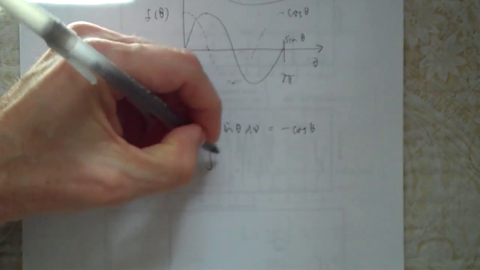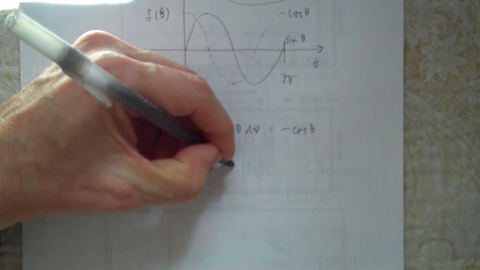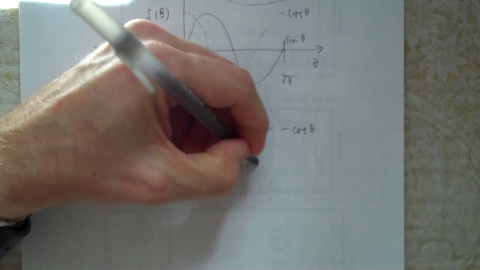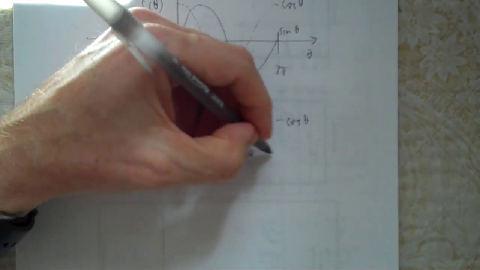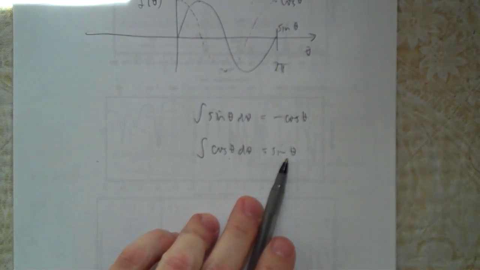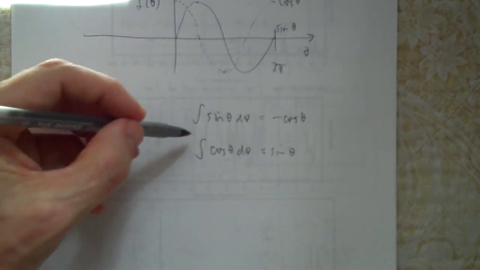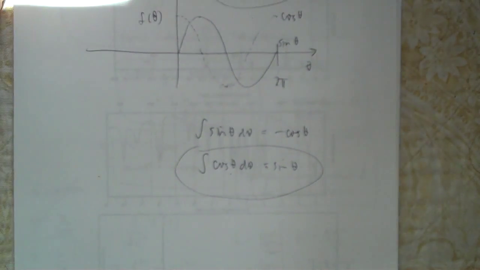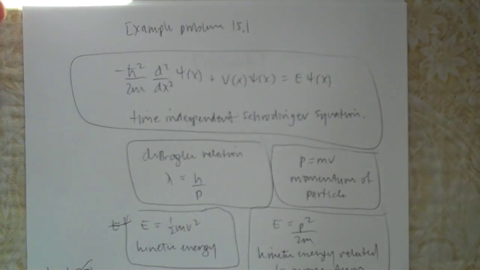The integral of cosine theta d theta is sine theta, because the derivative of sine theta is that. That's really basically the rule of integration. So that's how I remember it.